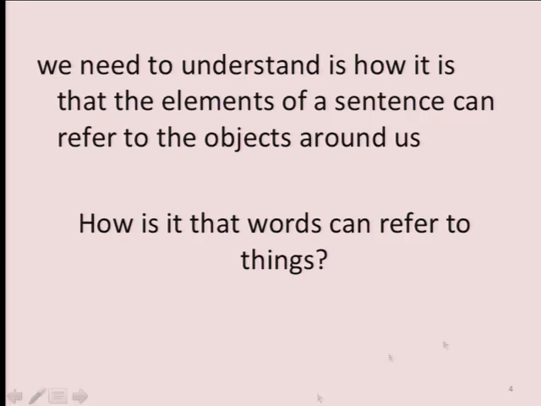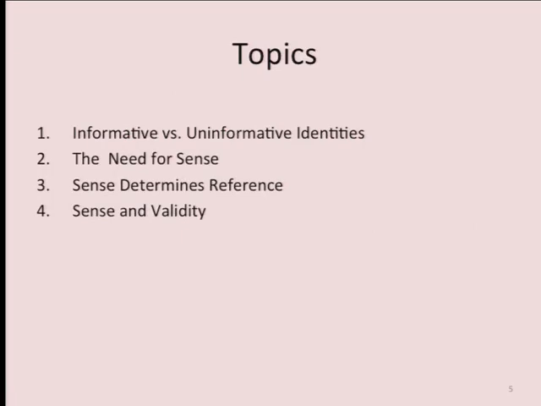Okay. So I want to start out. If you've looked at the Frege, you'll see that he talks quite a bit about informative and uninformative identities. So that's the basic contrast we need to understand. And then the next thing is, how does he explain that distinction? So I just want to start out with this distinction between informative and uninformative identities.